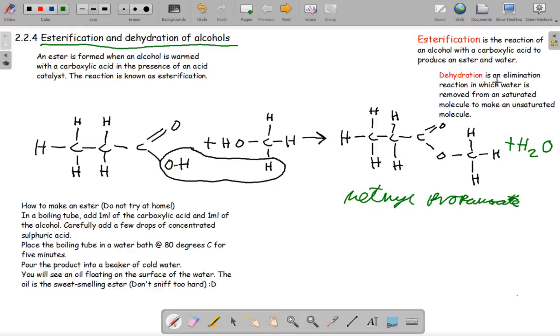So quite simply, dehydration is the elimination reaction in which water is removed from a saturated molecule to make an unsaturated molecule, or an alkene. An alkene is unsaturated as not all the carbon to hydrogen bonds are filled.